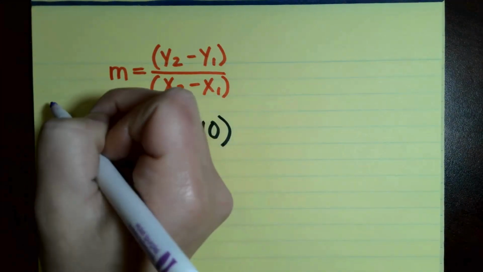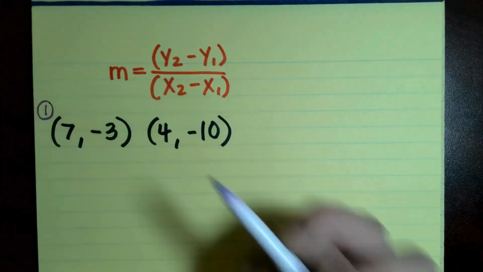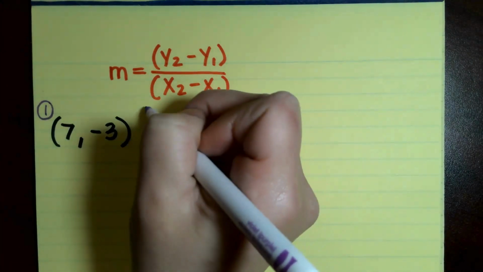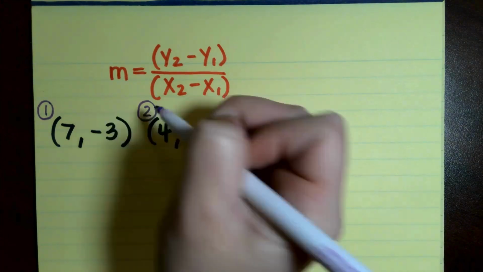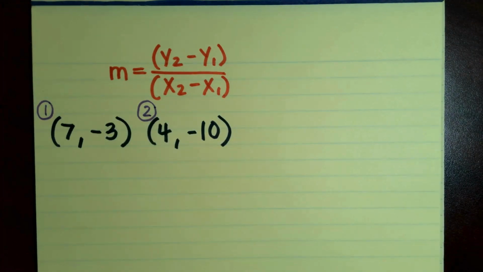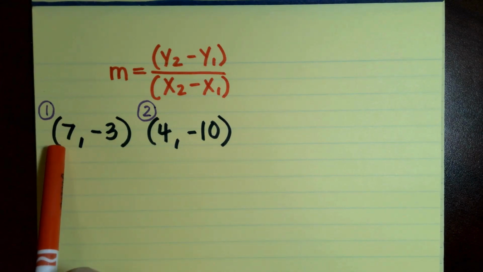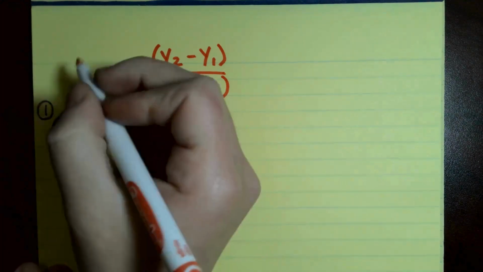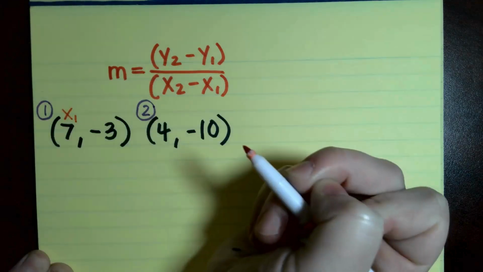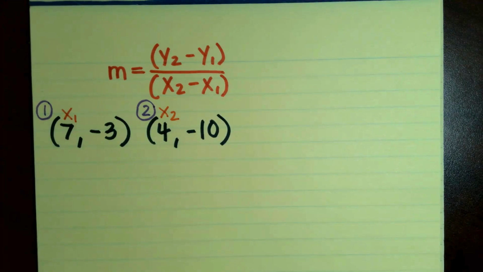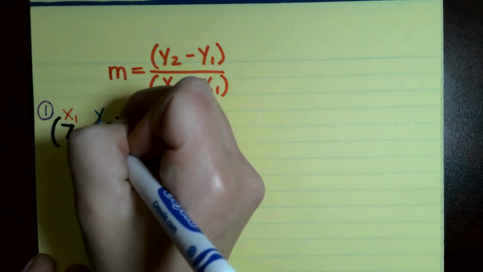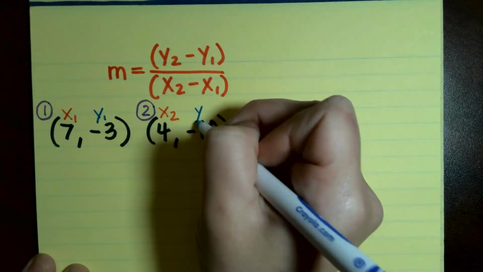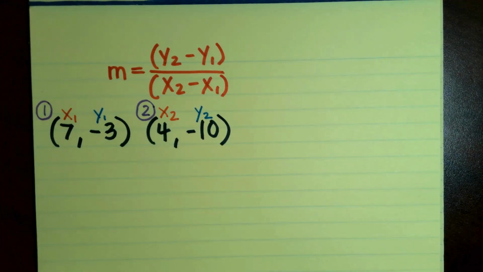We'll call 7, negative 3 coordinate 1, and we'll call 4, negative 10 our coordinate number 2, which means that the x value on the first coordinate will be our x1, the second one will be our x2. x1 will be 7, x2 will be 4, and then y1 will be negative 3, and y2 will be negative 10.